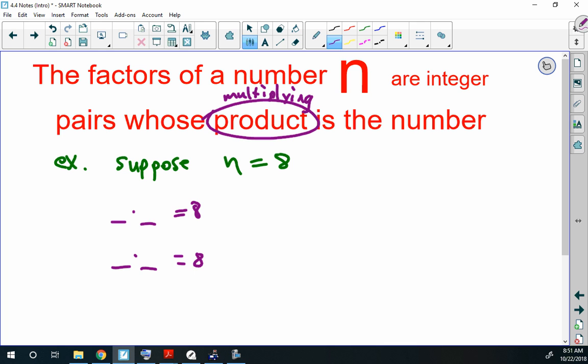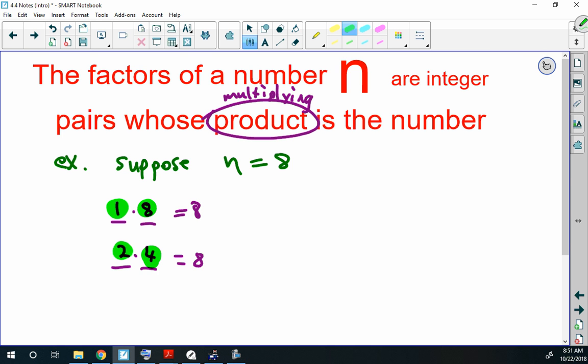Now, one thing you know about most numbers is they can multiply the number itself by 1, right? And you can also multiply what by what to get 8? 4 and 2, okay? So let me see if I can highlight these. So that number, and that number then.